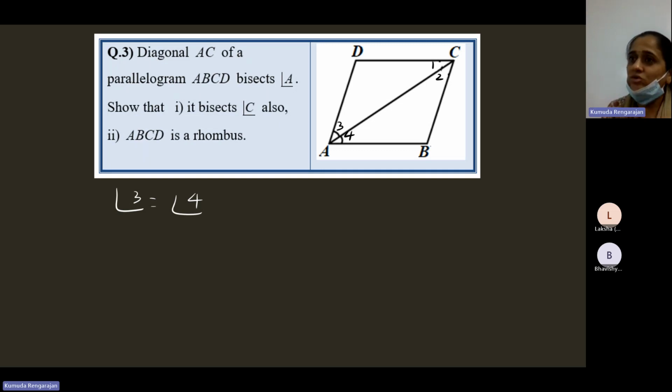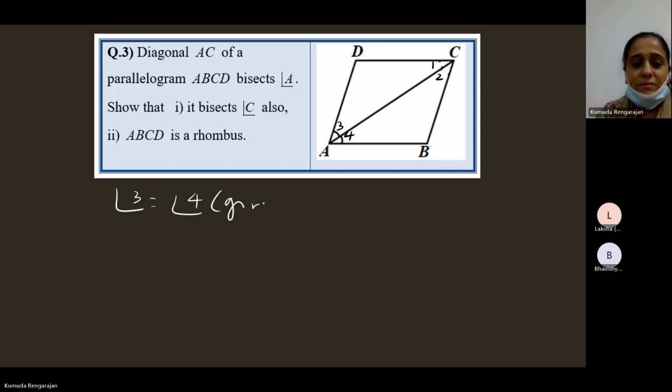AC bisects angle A, no? So 3 is equal to 4 is given, right? I just changed the numbers to check if you've understood. AC bisects angle A. That means angle 3 is equal to angle 4. Correct? Okay. This is given to us.